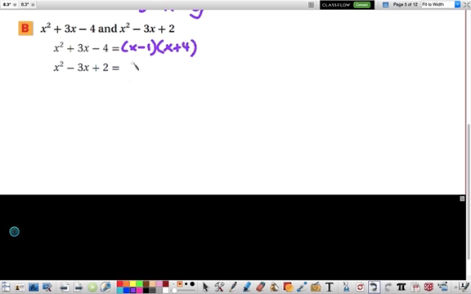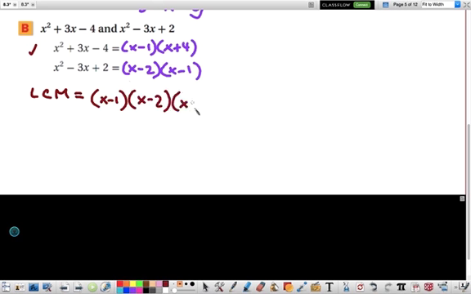That one factors into x minus 2 and x minus 1. Thank you. I'm finding the least common multiple, so my first step was factor. I did that. Next step is write all of the different terms. Well, let's see. x minus 1 times x minus 2 times x plus 4.